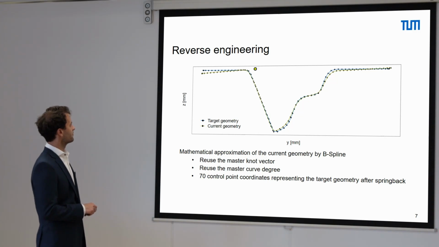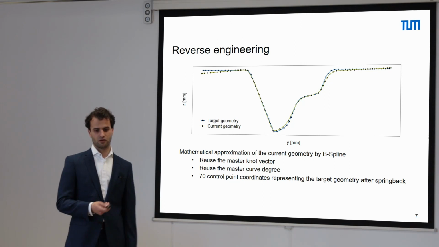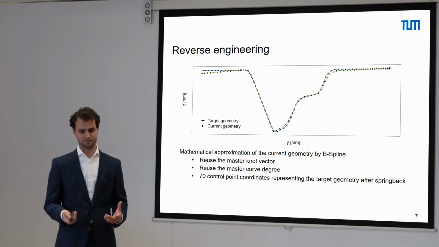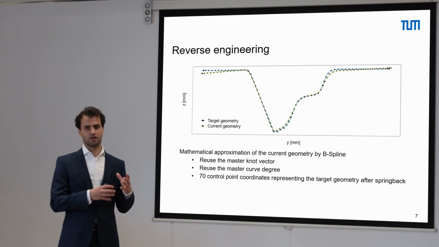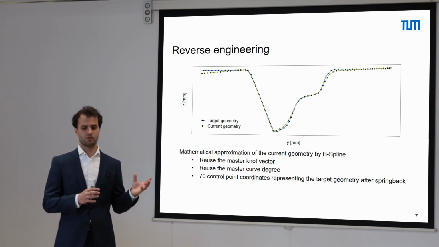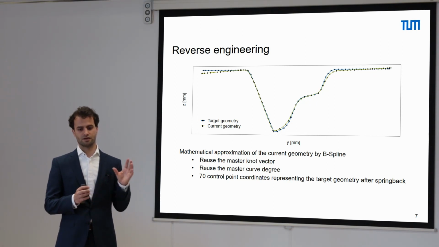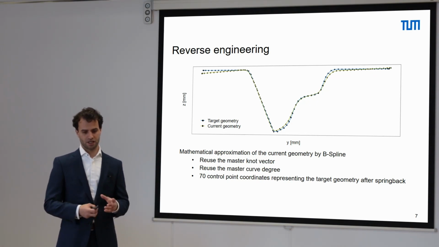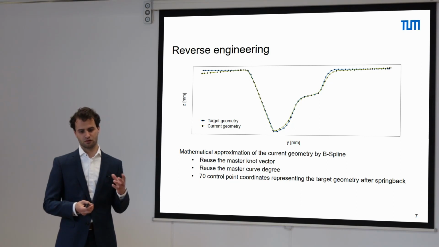In blue, we have the target geometry, and in green, we have the current geometry after springback. So we don't generate a new knot vector, and we don't change the curve degree. We just change the control point coordinates that are representing the target geometry after the springback.